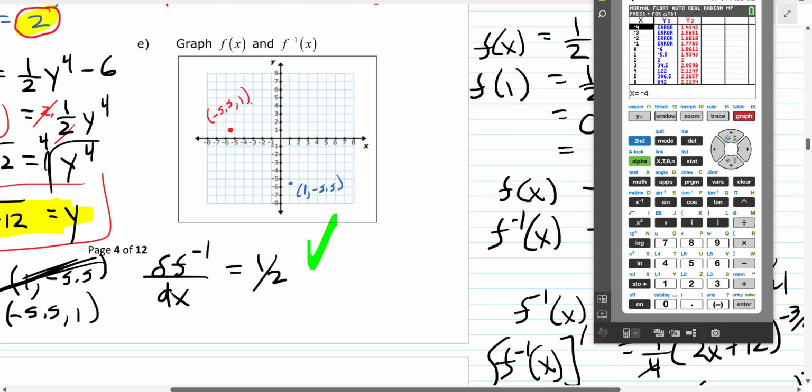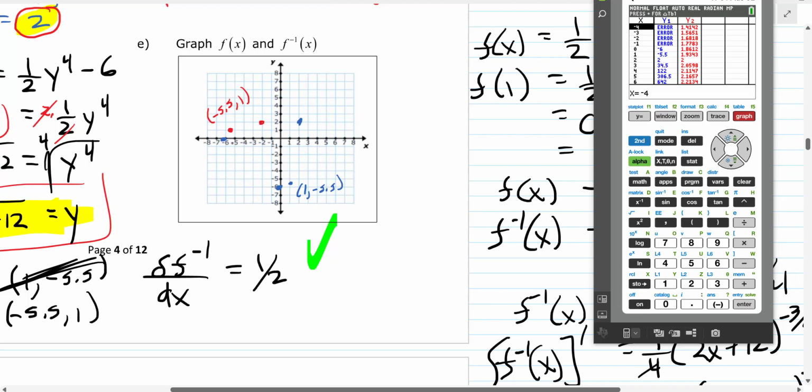And then maybe we can find one other decent point. Like here's 0, negative 6. Let's just go with that point. So here's 0, negative 6, and that would mean you would also have negative 6, 0. And then let's go one other big one, here's 2, 2. That's a good point. So that would mean that 2, 2 would also be on the graph of the inverse.